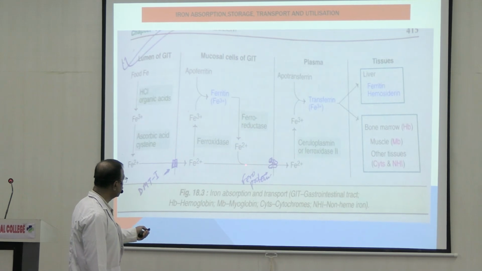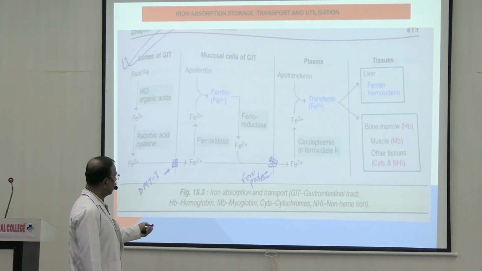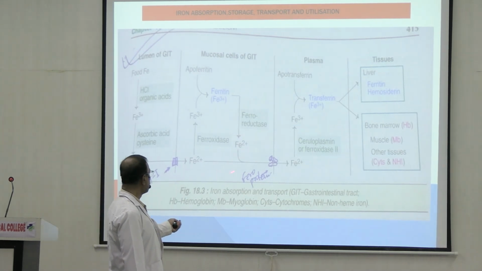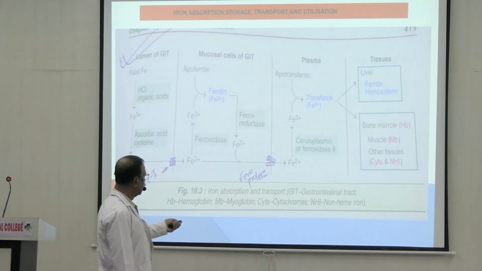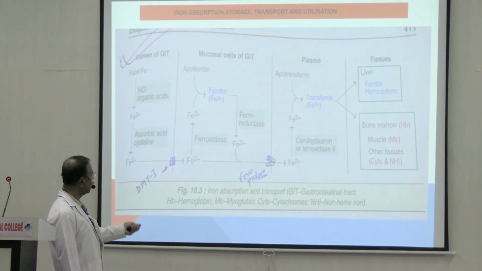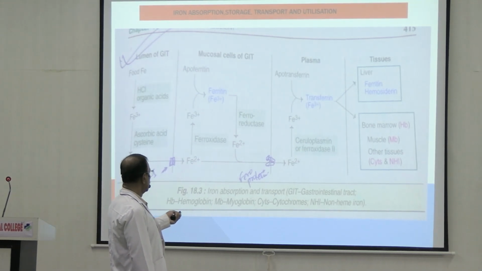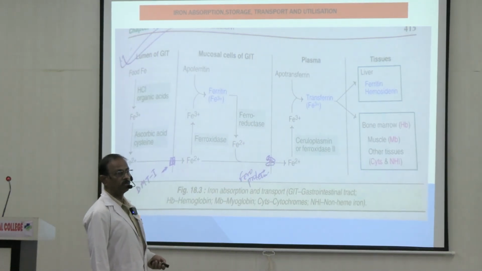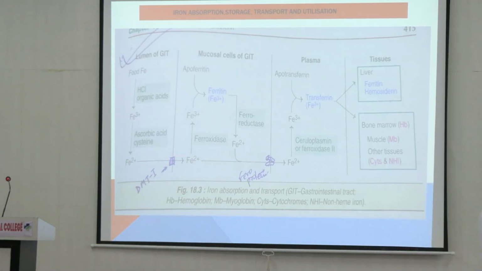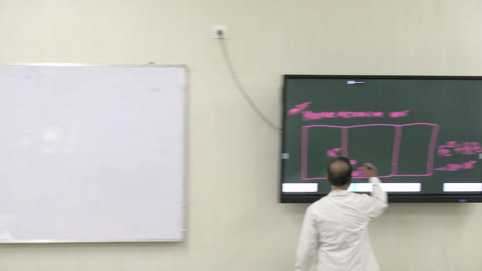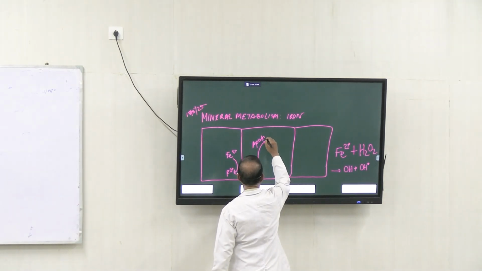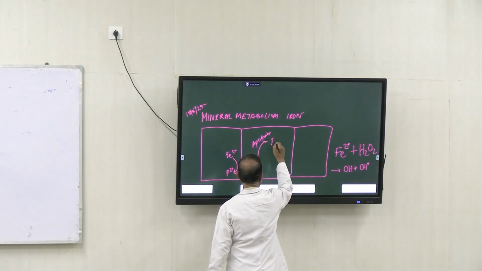Some amount of ferrous ion passes directly through the basolateral membrane to the plasma through ferroportin, one carrier protein called ferroportin. And the other one combines with apoferritin and forms ferritin.